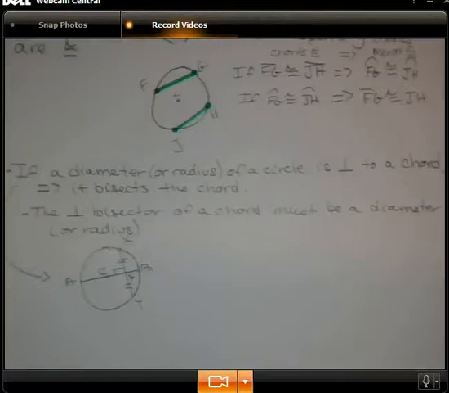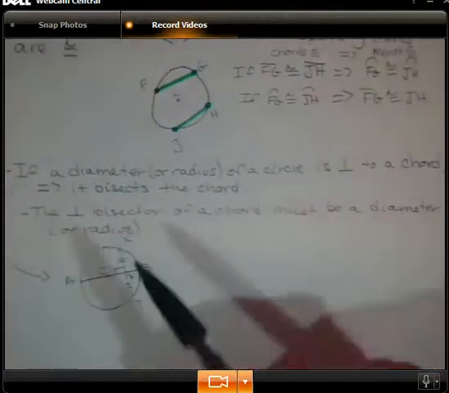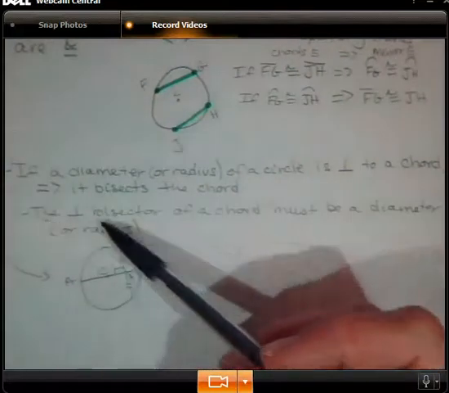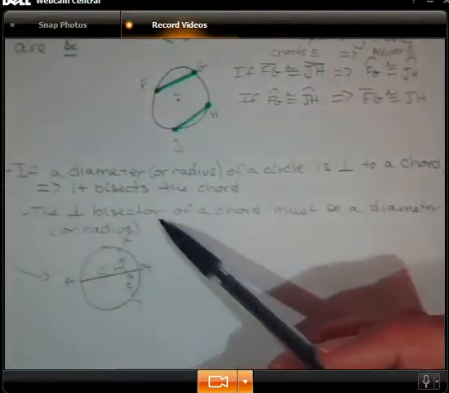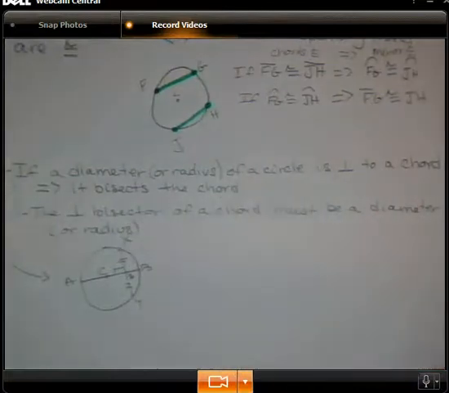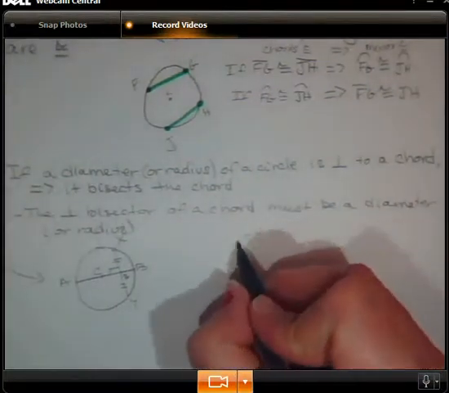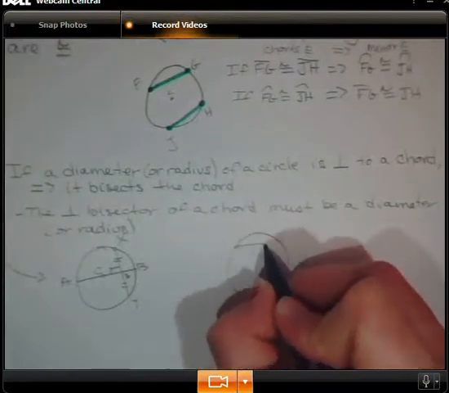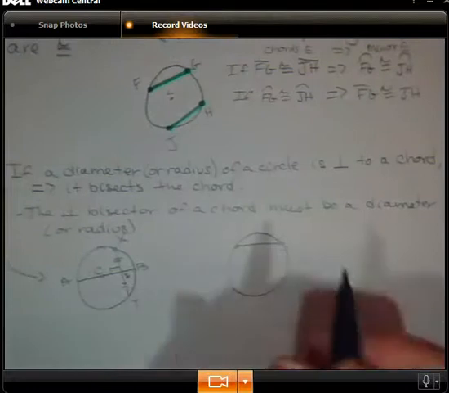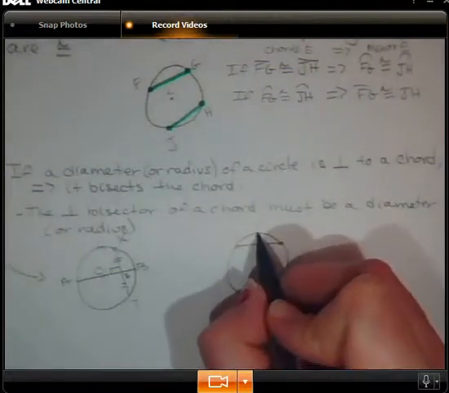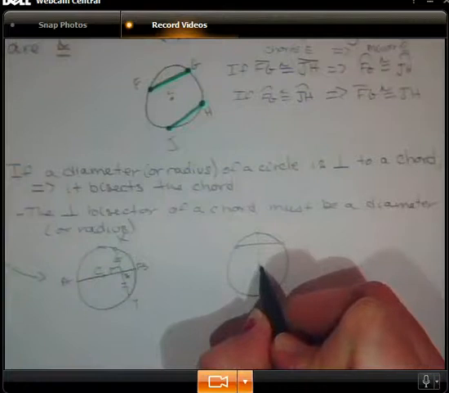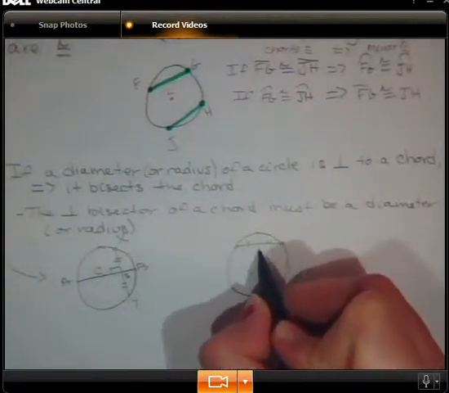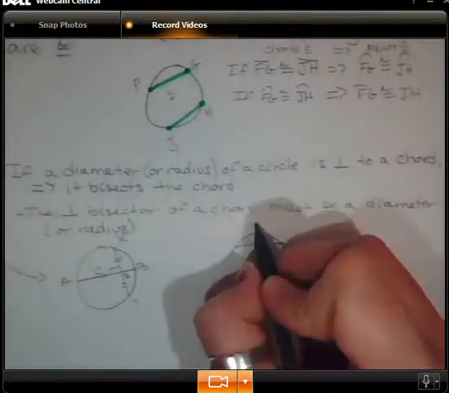So that is going that direction. If we think about the converse of that, basically it says if you have a perpendicular bisector of the chord, so this is a little spin, it's not directly the converse, but if I have a perpendicular bisector of a chord, so let's draw our chord here, that's my chord, and I have a perpendicular bisector to it, so I know that this is congruent to this, and I know that it's perpendicular.